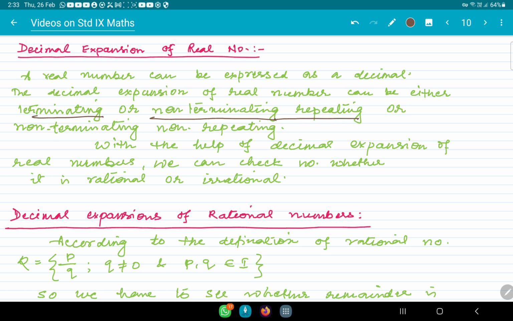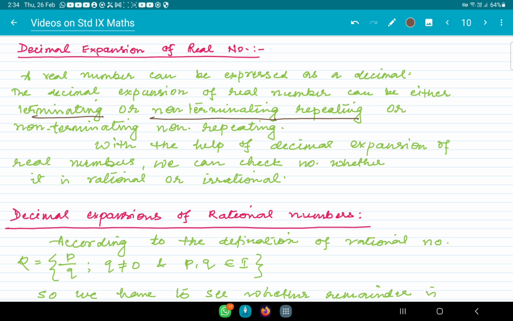So what is the meaning of terminating? Terminating means after 2, 3 or a few steps your remainder will become 0. If the remainder becomes 0, then the given number is known as terminating. Or else if the remainder is not 0, then it is known as non-terminating.